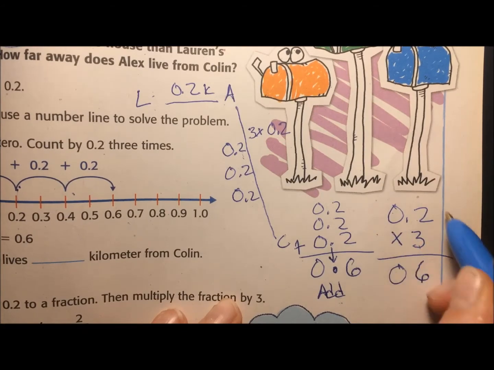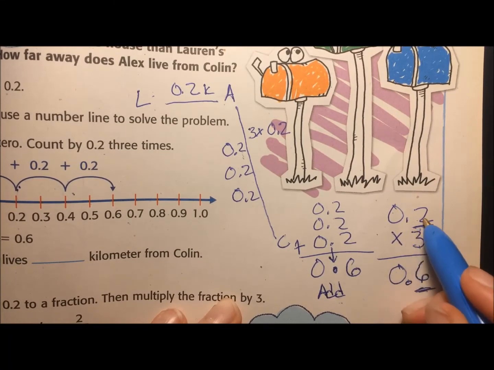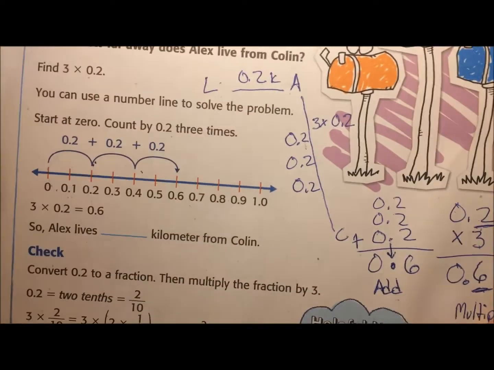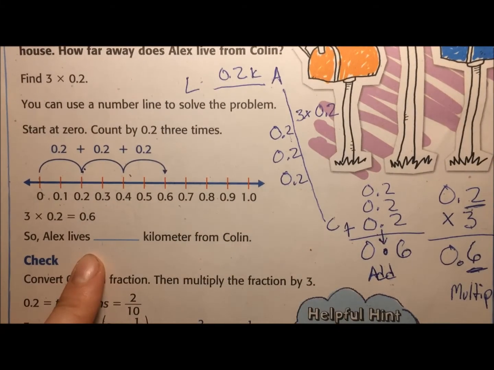Now, in this whole problem, there was only one number to the right of the decimal place. So we need to have that same amount to the right of the decimal place. So 1 and 1. So that's the multiplying way. So now you've seen 2 ways to do that problem, or a third way with a number line if you had one or you wanted to model it out.